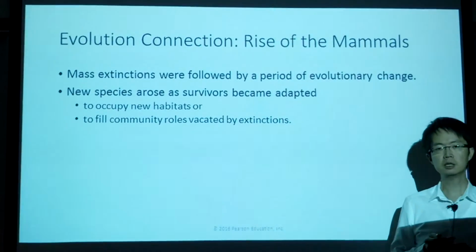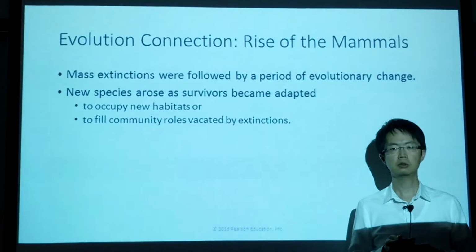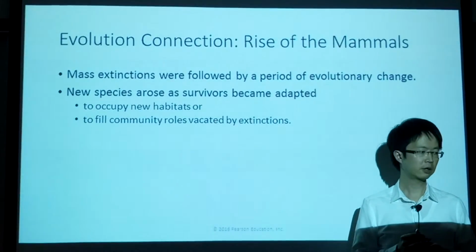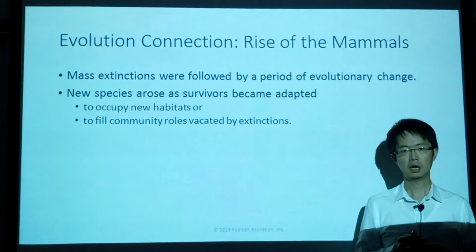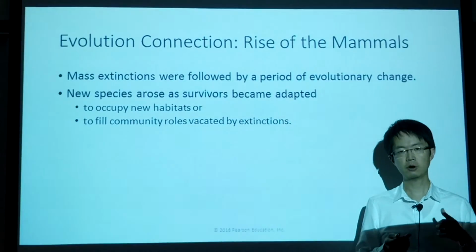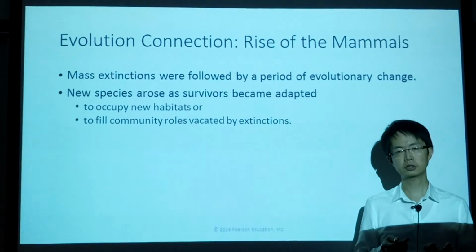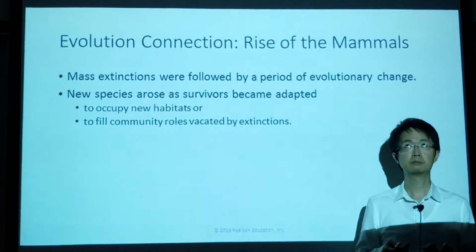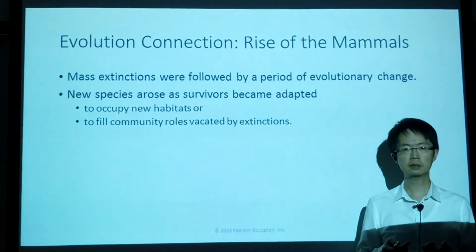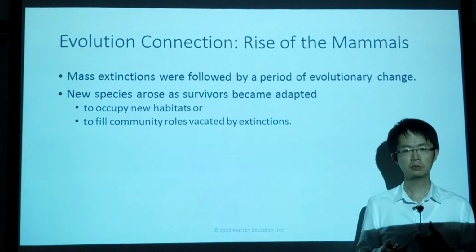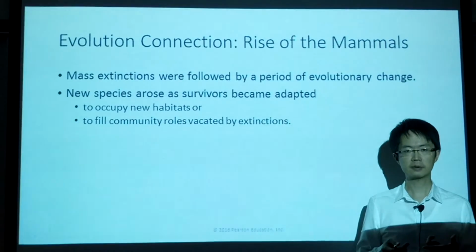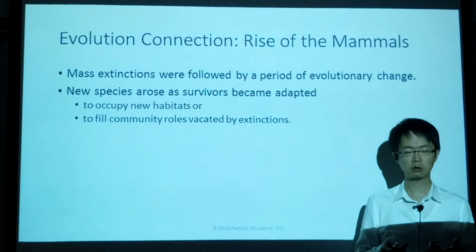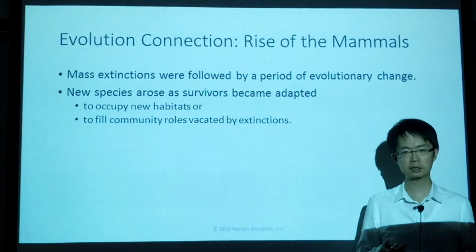So remember last time we talked about three examples of natural selection. The first example we talked about is using pesticide in the farm, and the second example is the over-prescription of antibiotics.